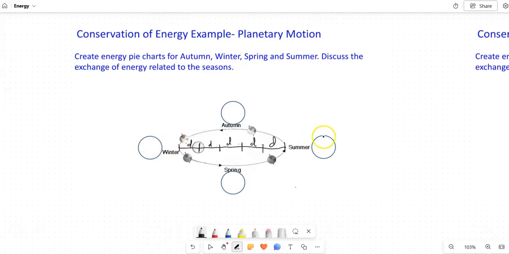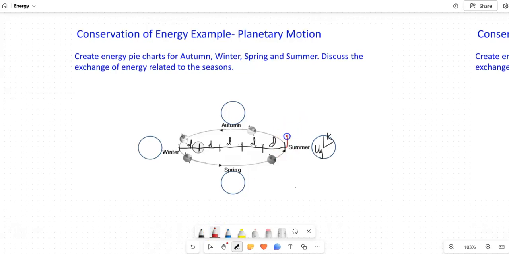Okay, which means we're going to have a huge potential energy due to gravity here, relative to the sun, so the gravity of the sun. And we will be moving at our slowest in the summertime. So our velocity vector is just going to be a little guy.